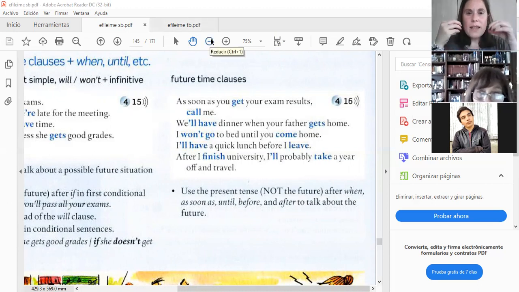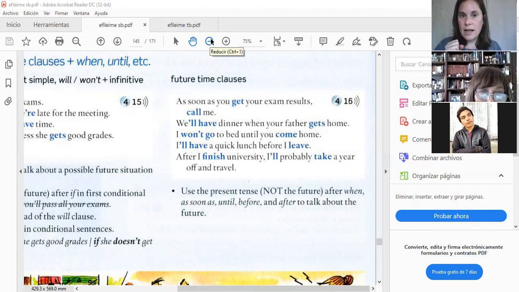Excellent. What does it talk about when it says future time clauses? Si ustedes leen los ejemplos y leen cláusulas futuras, les doy una ayuda con el primero. Dice, as soon as you get your exam results, call me. Fíjense cómo el as soon as se toma como una cláusula futura.